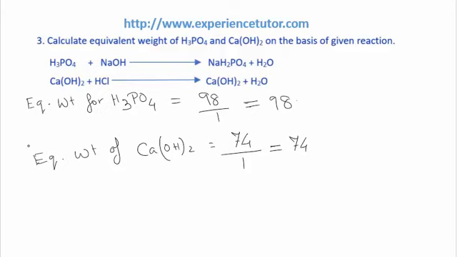Here N is equal to 1 because one hydroxyl ion is produced by Ca(OH)2 in the given reaction.